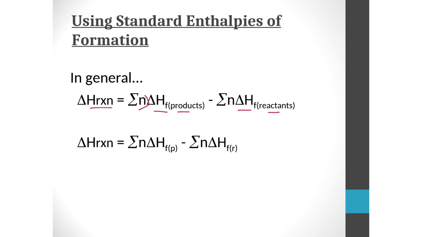If there are any coefficients or mole terms in front of your reactants or products, you multiply those by the enthalpy of formation value. Then for all of those products, we take the sum of it, right? That's what that symbol means. The same thing, sum of all of the reactants. And then we subtract off reactants from products.